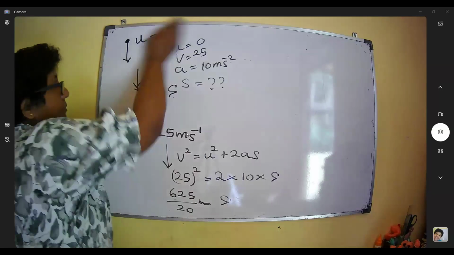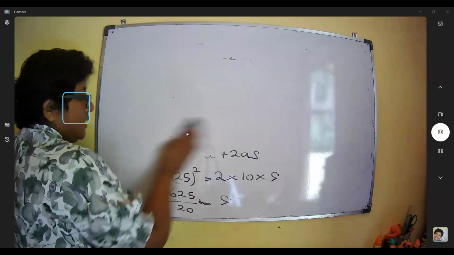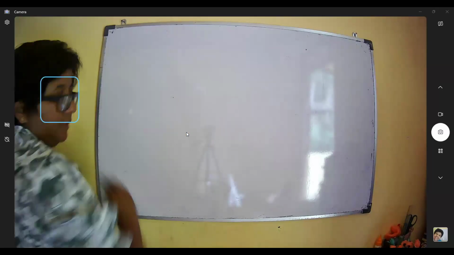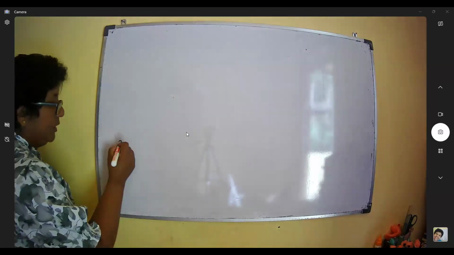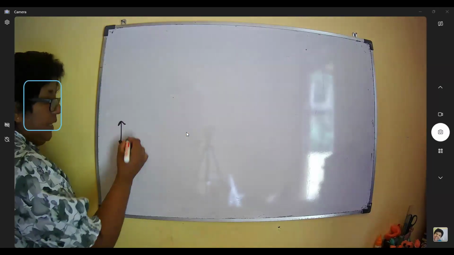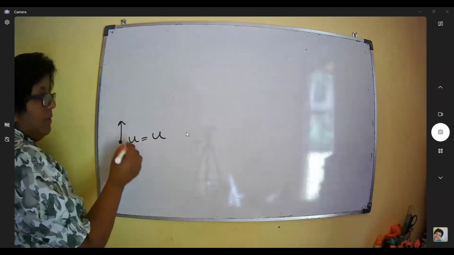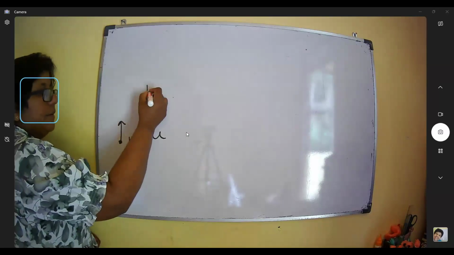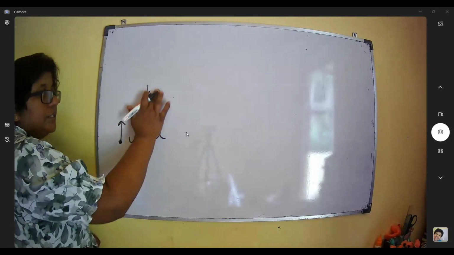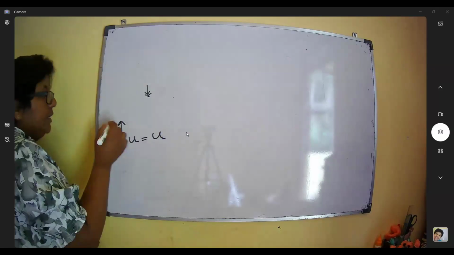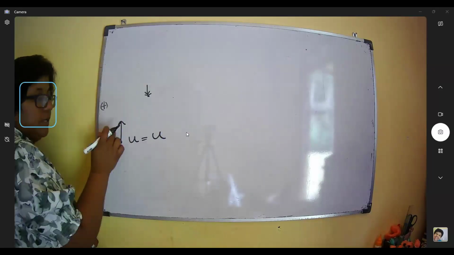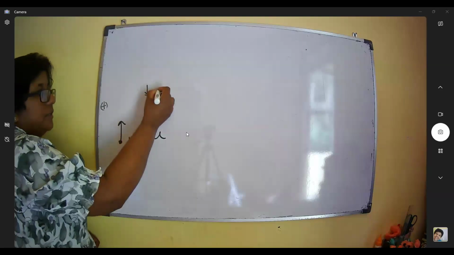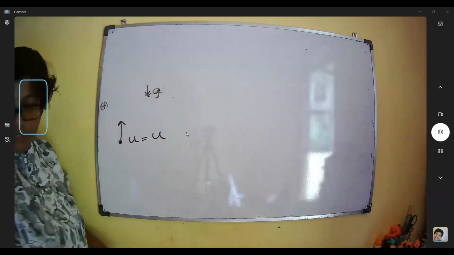Very easy. Then another important thing I explained before: when we are throwing an object upward, the initial velocity is u, but acceleration due to gravity is acting downwards. I'm taking the positive direction as the direction of motion, but g is acting downwards, right?